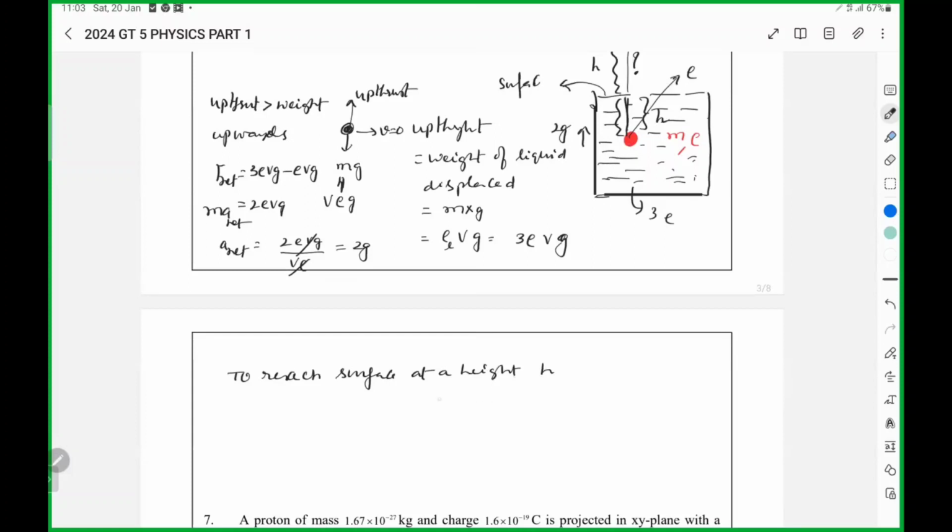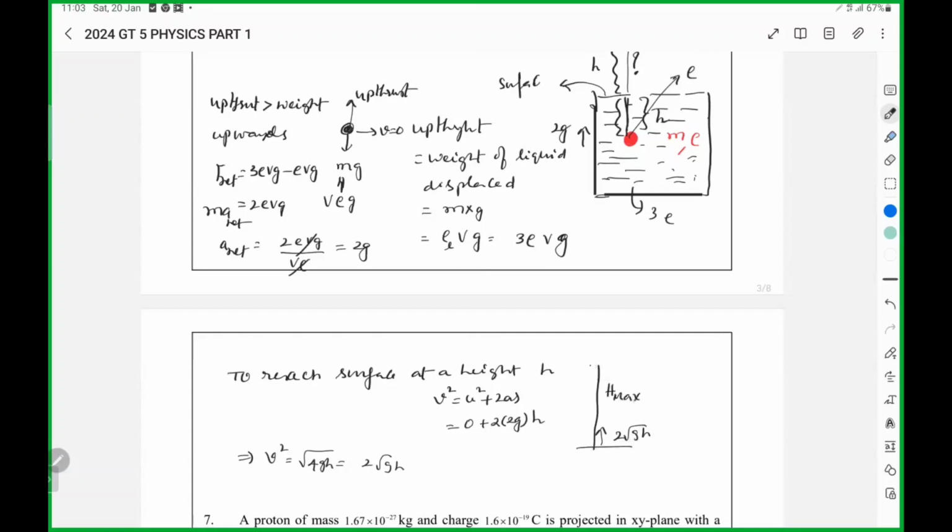So V square is, acceleration is 2g, s is h. So V is 2 root gh. Now it is at the surface, so it is projected with a velocity 2 root gh.